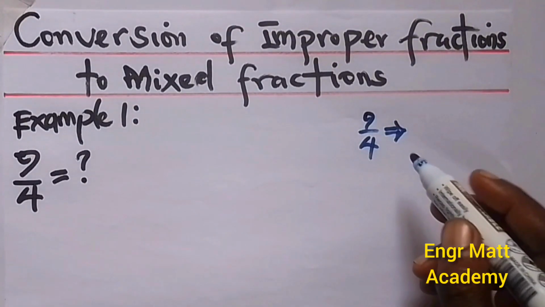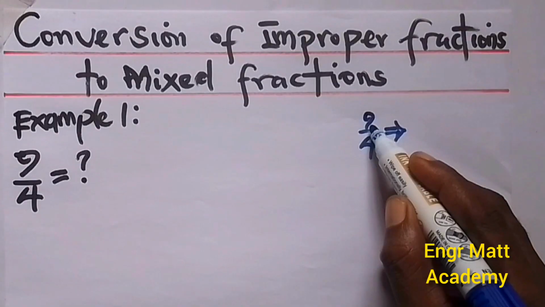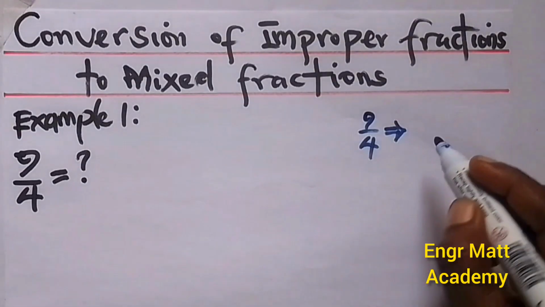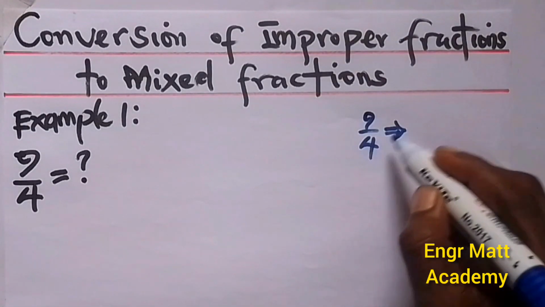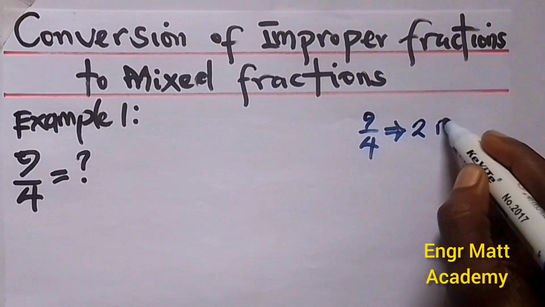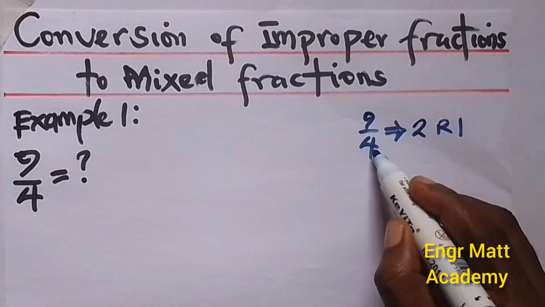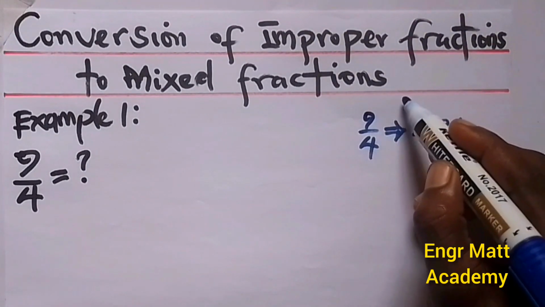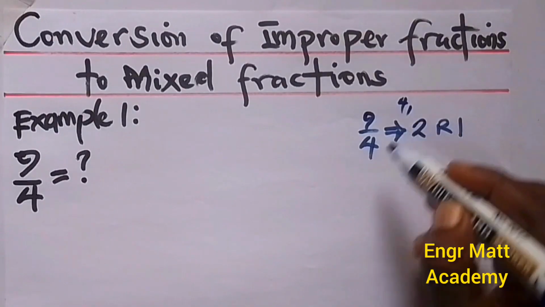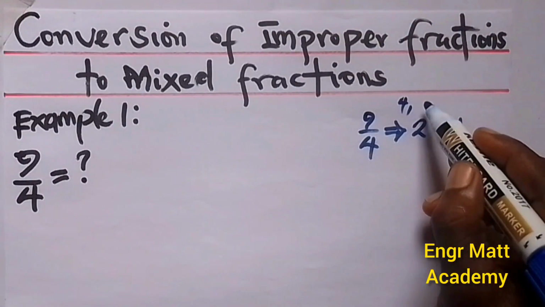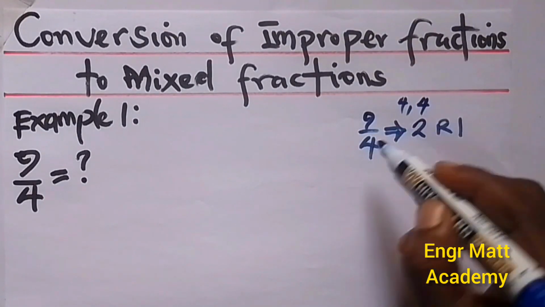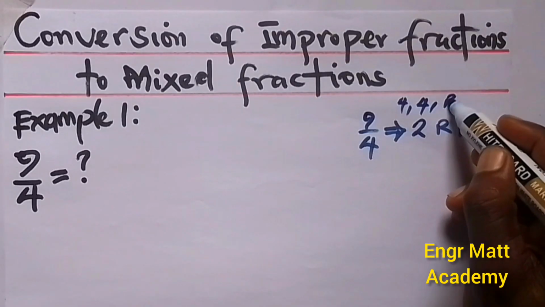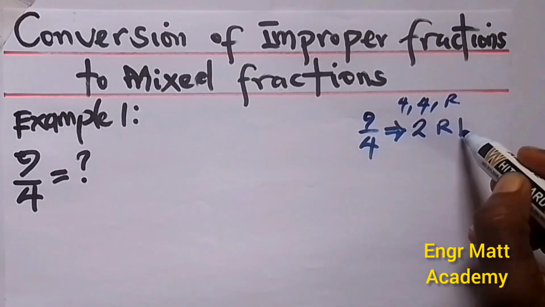Ask yourself, how many 4s can we get from 9? 9 divided by 4 is 2, remainder 1. If we remove 4 from 9, we still have 5. If we remove another 4 from 5, we now have 1 remaining. So we have 2 remainder 1.